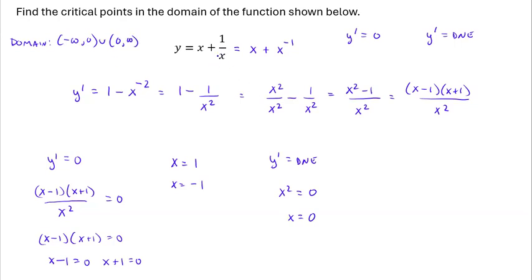We can't put a 0 in there for x because that would give us 0 in the denominator of that fraction 1 over x. So when we're looking at our critical values here, we're not going to include the x equals 0 since that was not included in the domain of our original function. So our critical points will be x equals 1 and x equals -1.